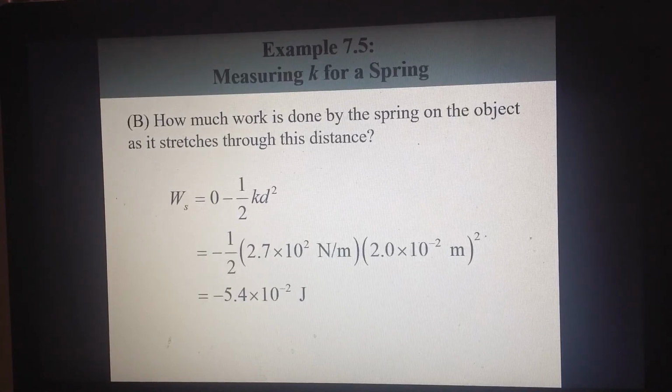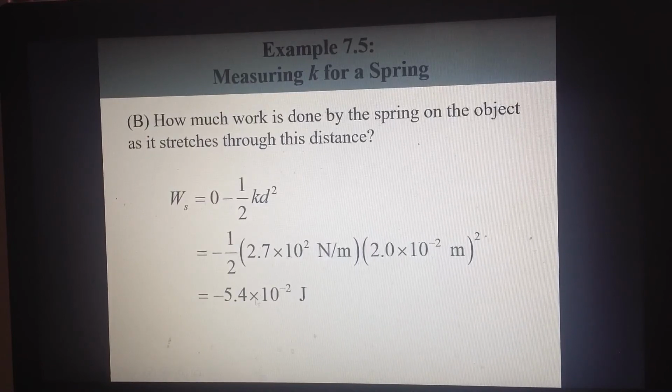Now, if you want to calculate how much work is done by the spring on the object as it stretches through this distance, generally because you start from the point where the initial displacement was 0, the initial energy is just equal to 0, and the final energy is 1/2 k times d squared.